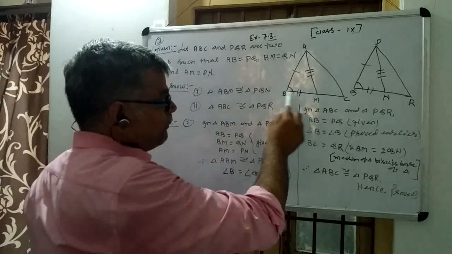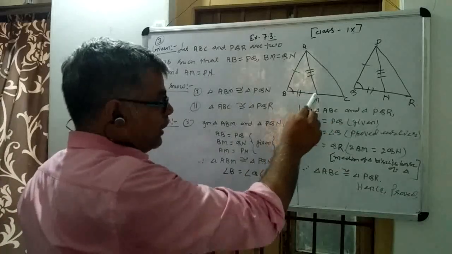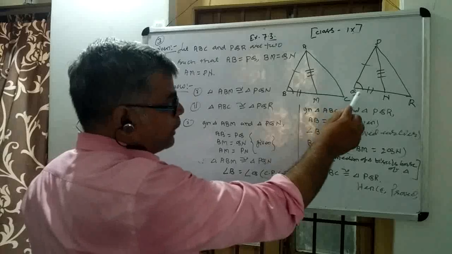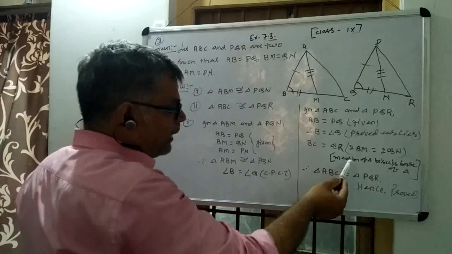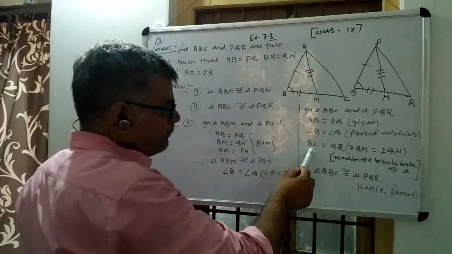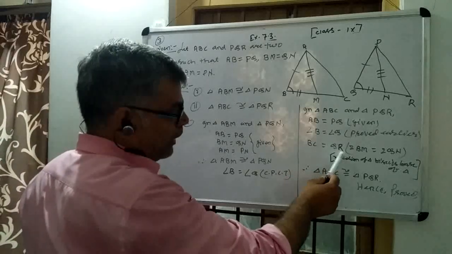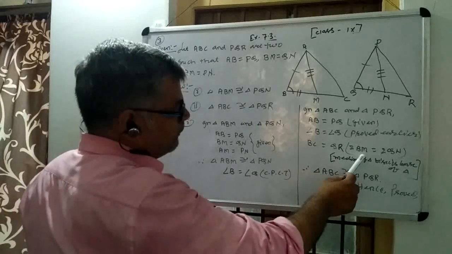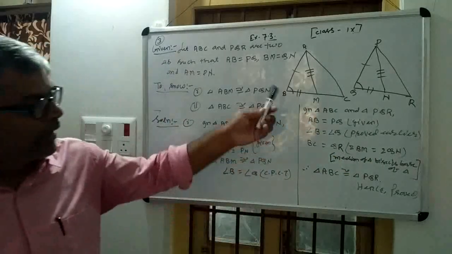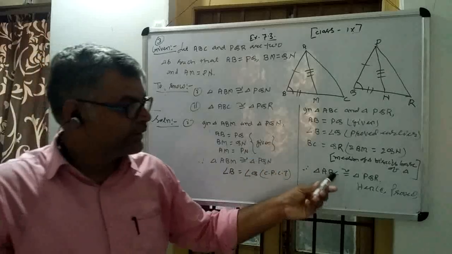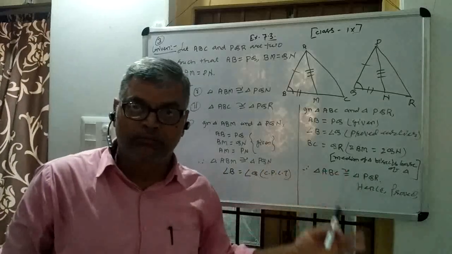Because a median bisects the base. So half of BC, BM, is equal to half of QR, QN. So its twice will also be equal. That's why I have written here BC equals QR. The reason is twice of BM equals twice of QN. And in this way, from the SAS condition, these two triangles also become congruent.